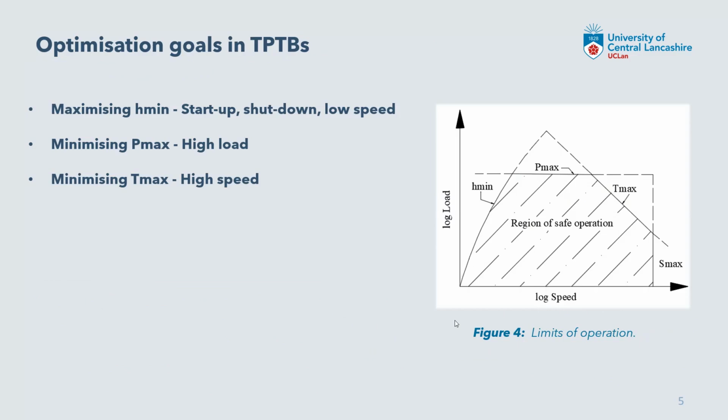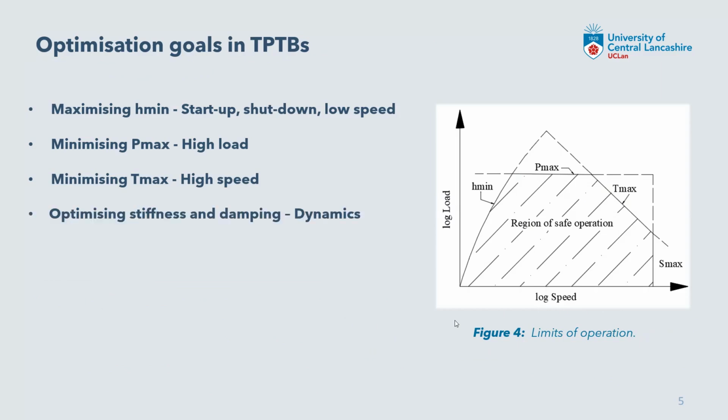There's also minimizing the maximum temperature in the contact, and in the bearing at higher speed operation, in applications such as centrifugal compressors, gas and steam turbines. There are also designs with cooling coils and so forth to try and excavate a lot of that heat and keep it within its safe operating region.